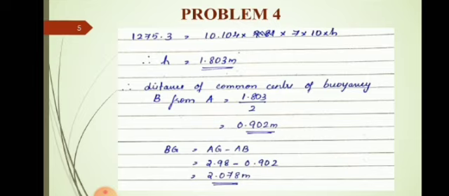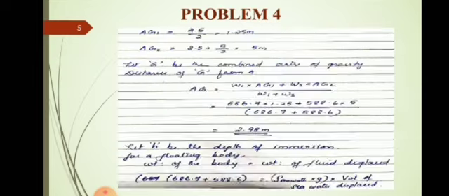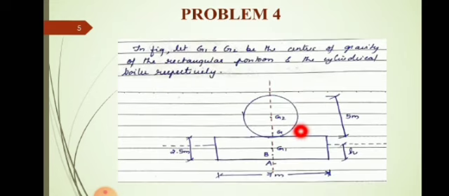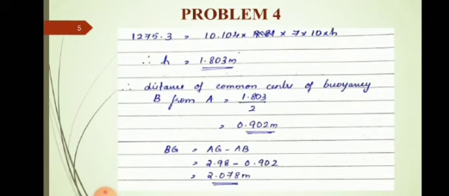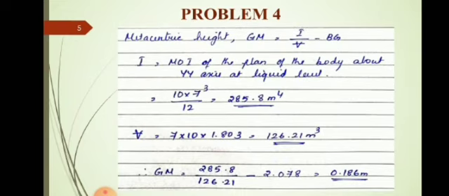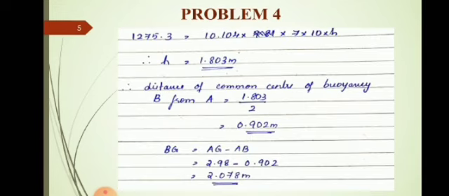Now the distance of the common center of buoyancy B from A. This B is the common center of buoyancy. So the distance of the common center of buoyancy from A will be equal to h by 2. The h value we have obtained in the previous step, 1.803 meters.